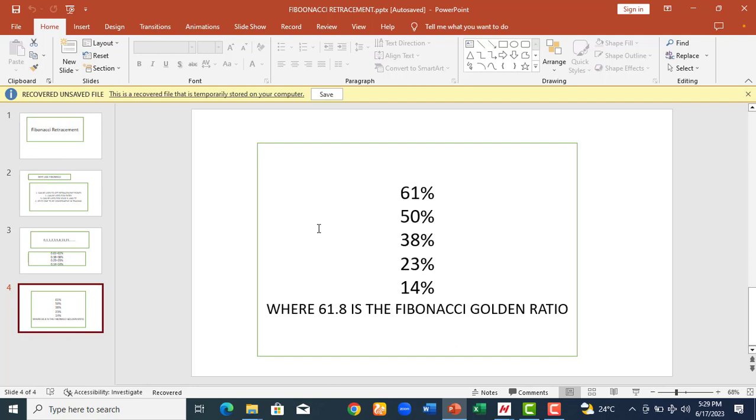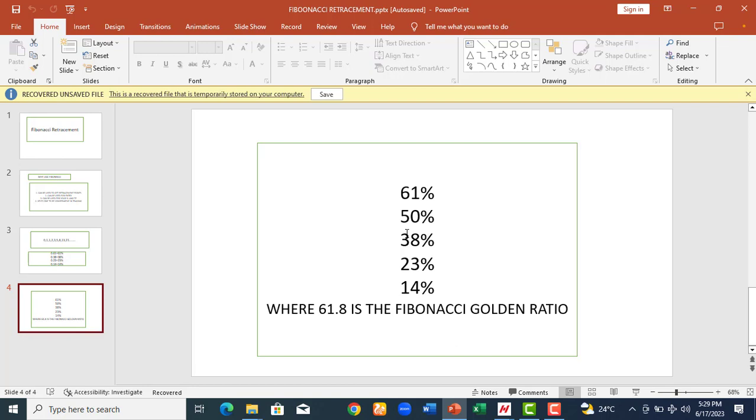Now, I know we didn't get 50. Some persons will be like, oh, how did he get 50? He's trying to scatter me. But 50% came in place because traders generally believe that when a market that is buying starts doing a retracement, it has to do at least 50% retracement of the initial move before it will continue in that direction.